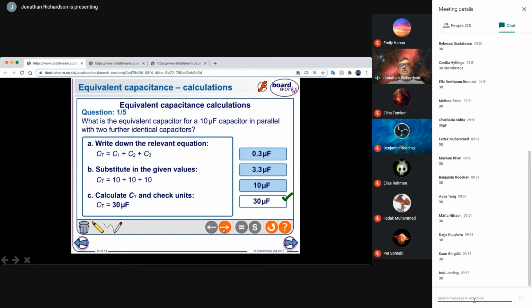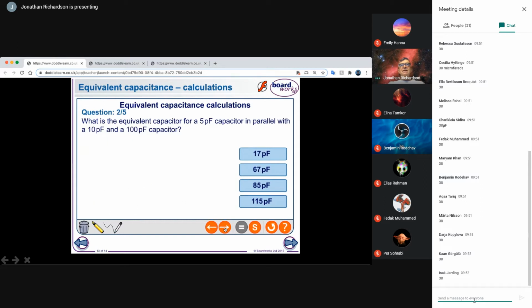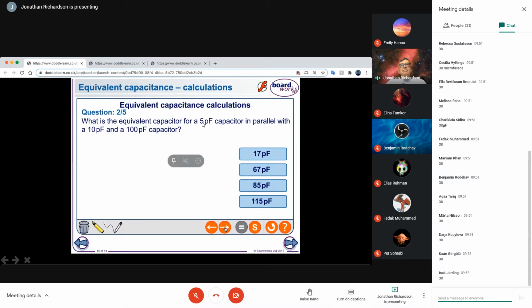Great, first one done. Now, for the second one, we've got a 5 picofarad capacitor in parallel with a 10 picofarad and 100 picofarad. See if you can work out the correct answer. These are all in parallel.